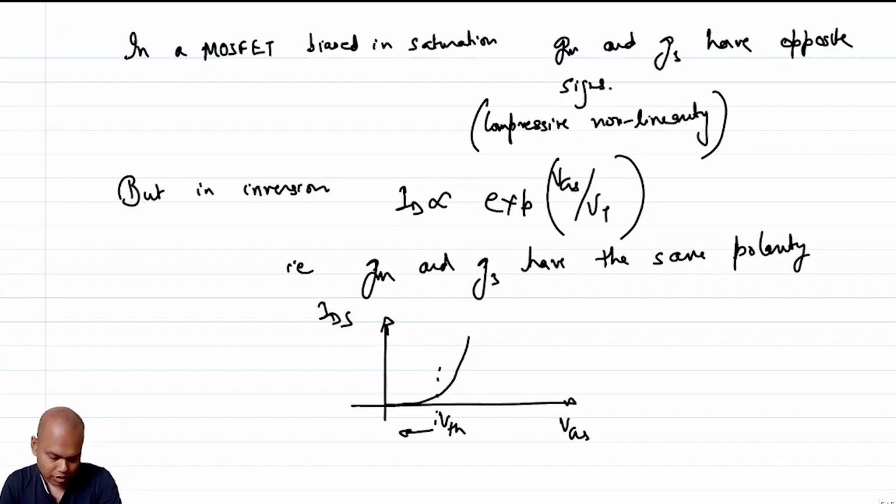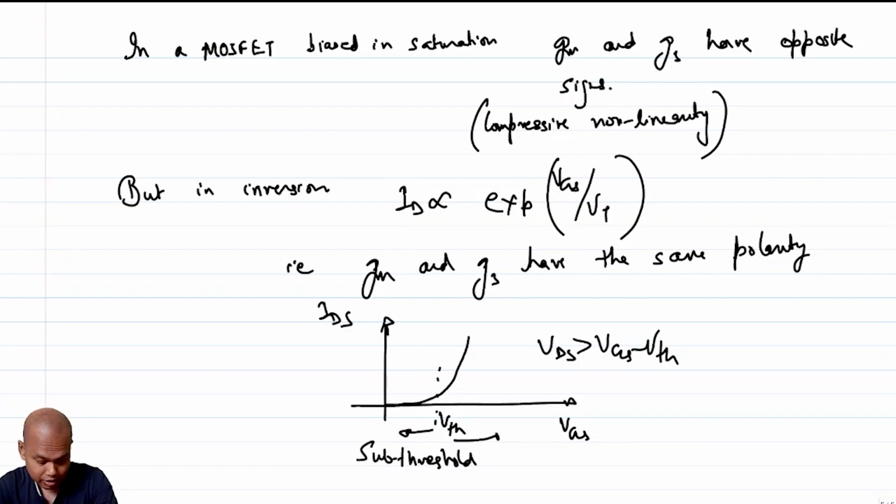This side I can say is subthreshold. This plot is for VDS greater than VGS minus VT, and on this side you have inversion and saturation.